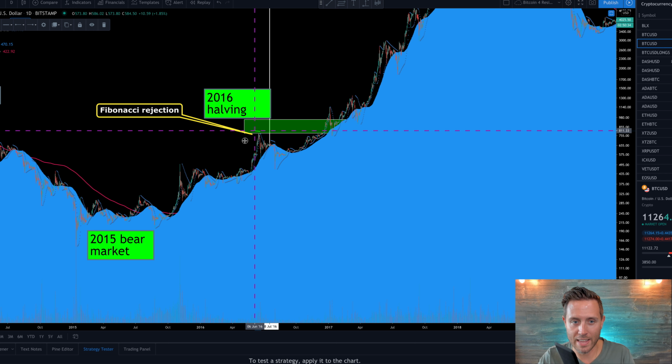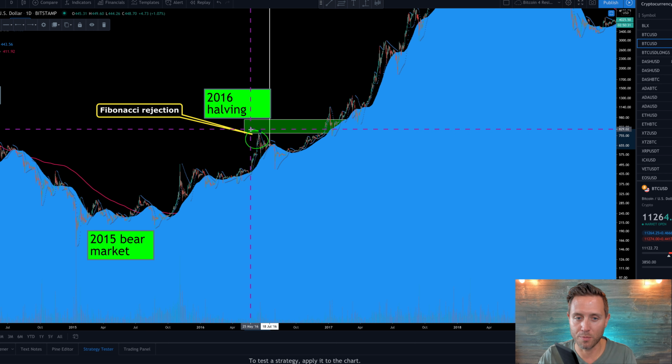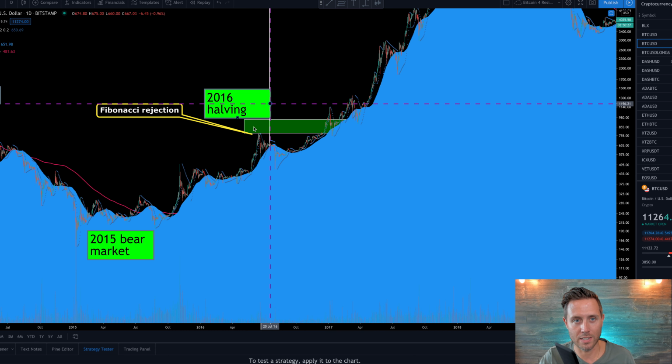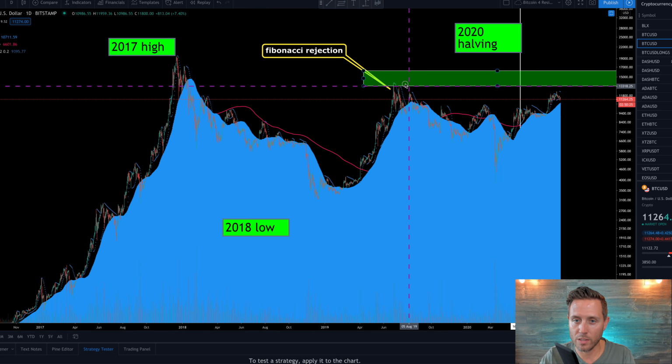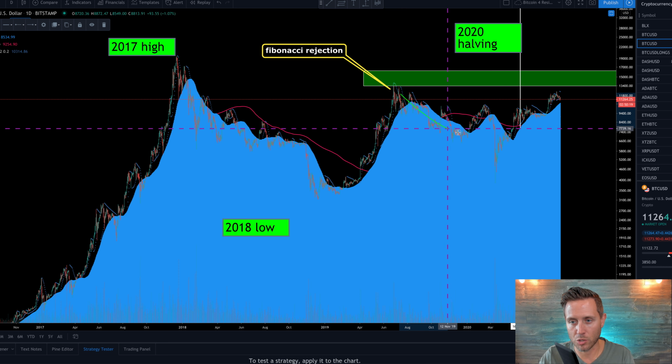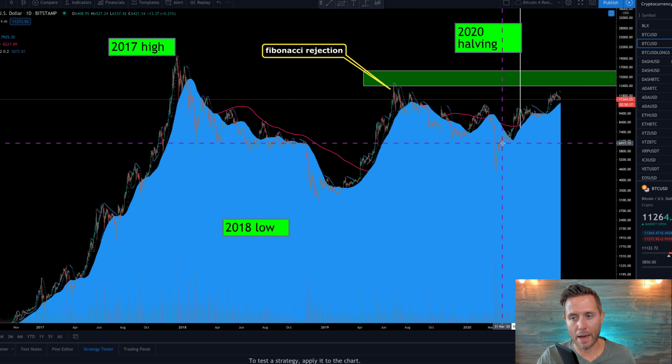Bitcoin tested that Fibonacci bull market doors before coming back down and eventually breaking through. That was pre-2016 halving. This happened a lot quicker this time around, but pre-2020 halving, Bitcoin made a run for it. It just failed, and then we saw a downtrend similar to back then.